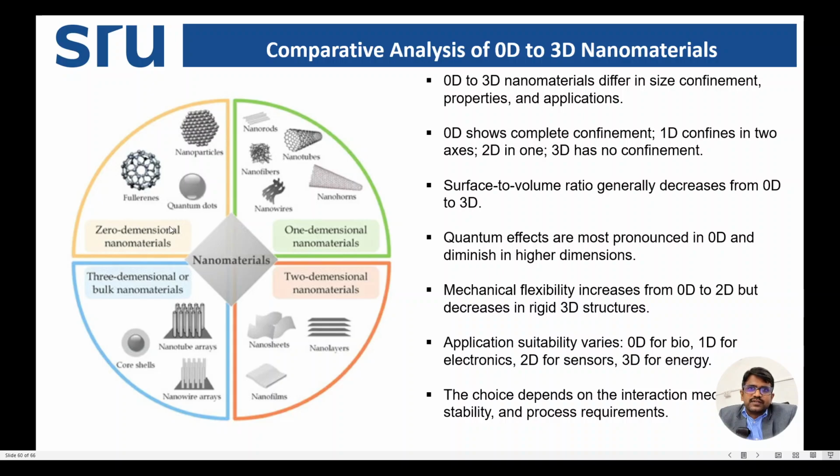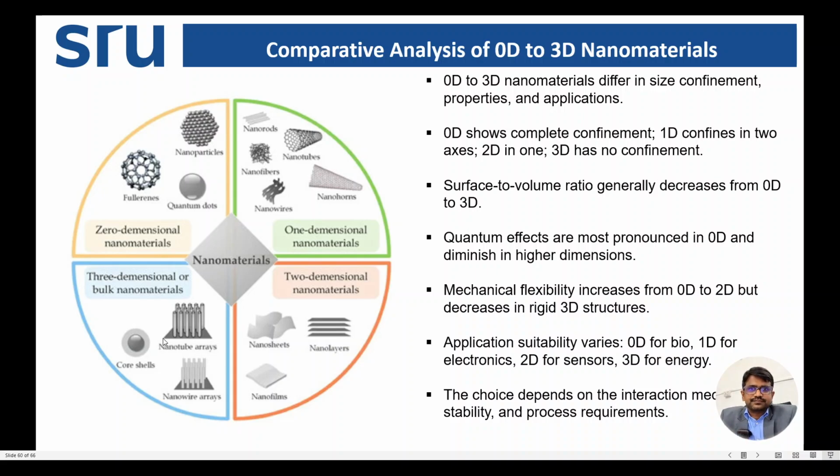These are all examples of zero-dimensional materials. Then one-dimensional materials: nanowires, nanofibers, nanorods, nanotubes, nanohorns. These are all examples of one-dimensional materials.